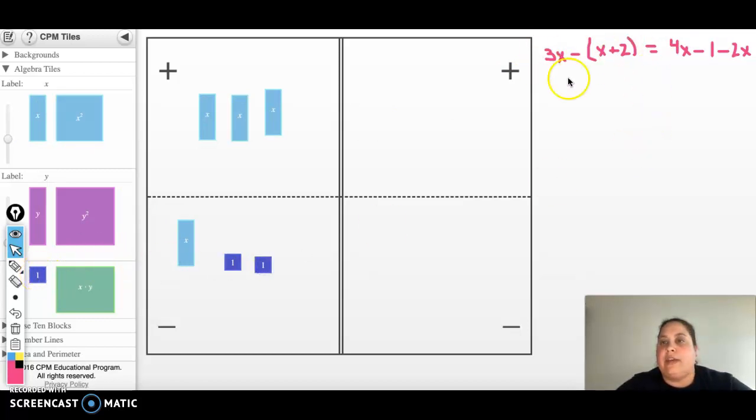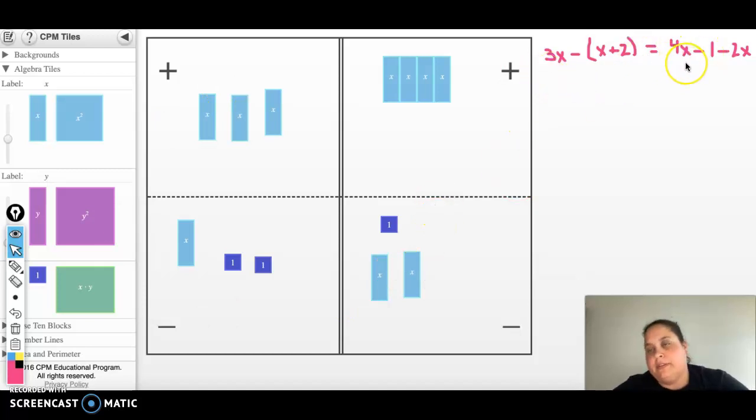Okay, so I've created this side. Now I'm going to create the other side. So I have 4 x's, and then on my minus side, I have a minus 1, and then I have minus 2 more x's. Alright, so I've now created my board.